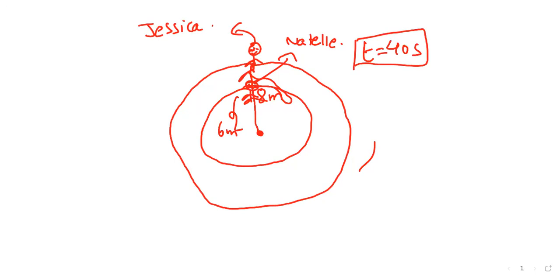See, tangent is nothing but, let's say there is any curve, and if you want to find the tangent at this point, you just need to draw a straight line just touching that curve. So that's what we call a tangent.